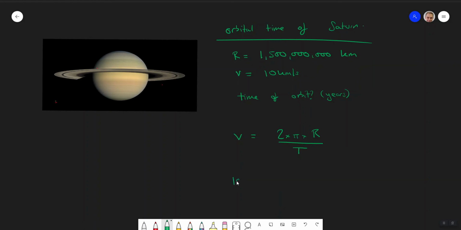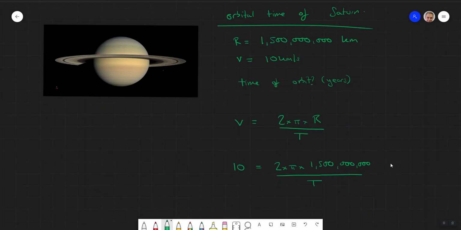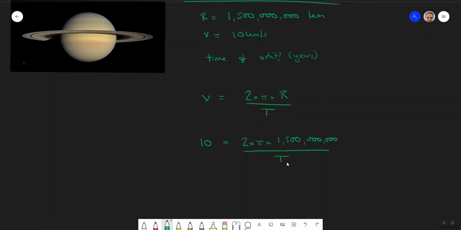We've got 10 kilometers per second is equal to 2 times pi times 1,500,000,000 over t. And if we do this, we're going to get it in seconds, because this is in kilometers per second. So that's why we picked 10. It's quite a nice number.